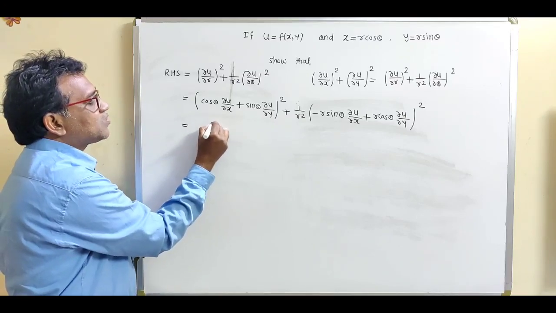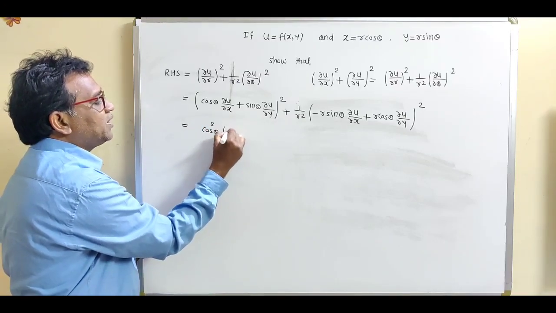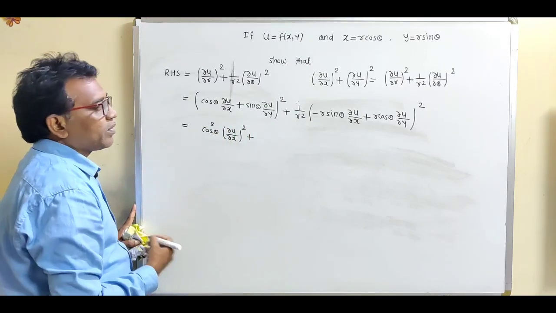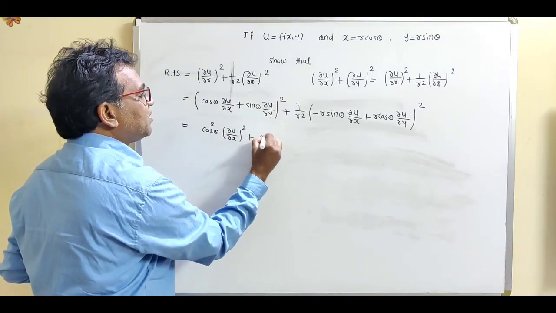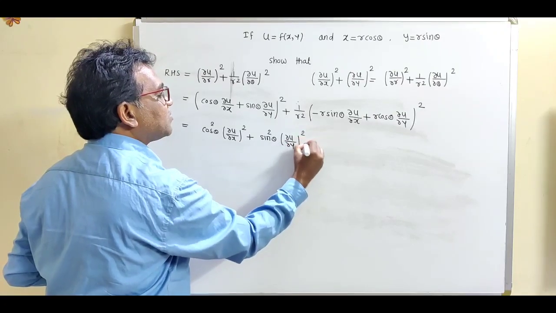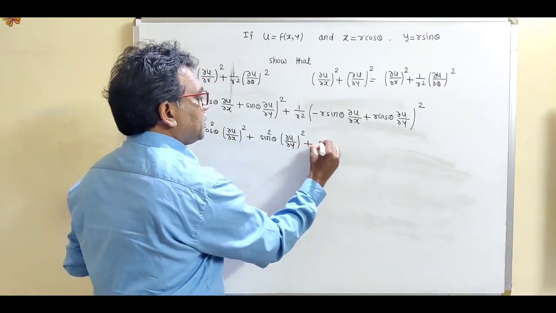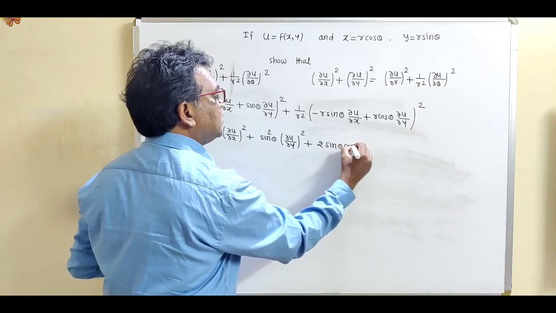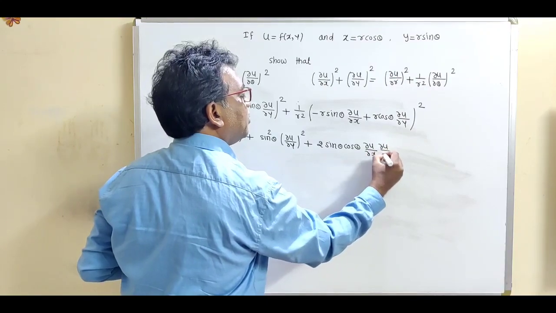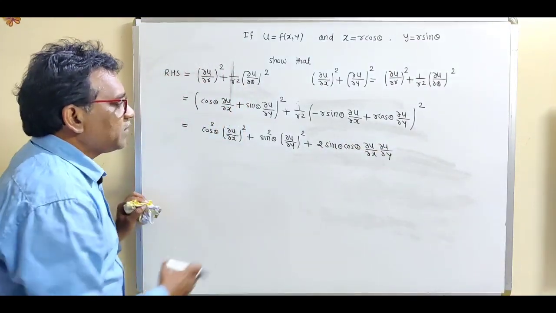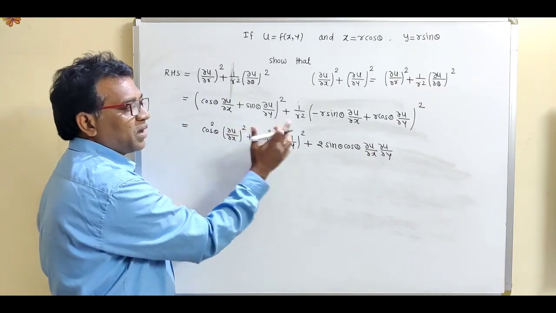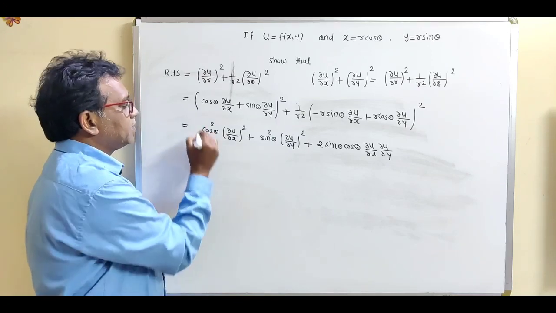So this is the square of the first term, cos square theta (del u by del x) square, plus the square of the second term, sin square theta (del u by del y) square, plus 2 times the product, sin theta cos theta del u by del x and del u by del y. So this is the expansion of (a plus b) square: square of the first term plus square of the second term plus 2 times the product.